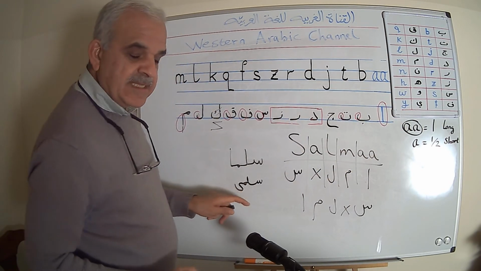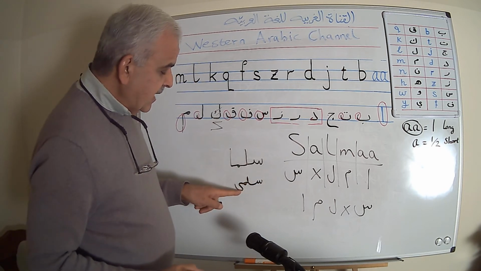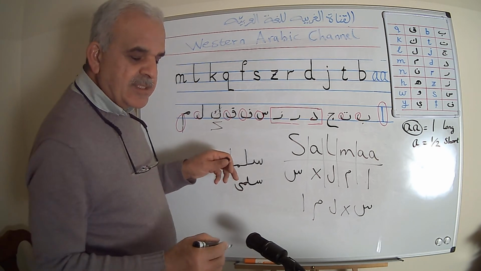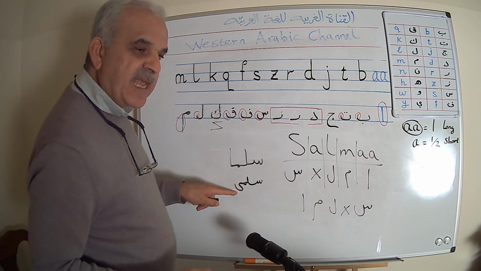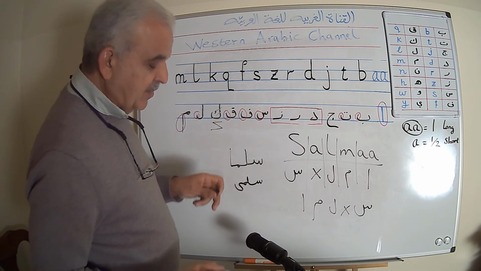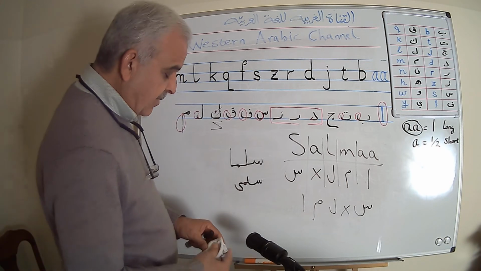Ya without dots. There are words in Arabic that at the end it comes like this and like this. So it's okay if you see it like this, it's Salma, and if you see it like this, it's Salma also. Okay, let's take another final example.